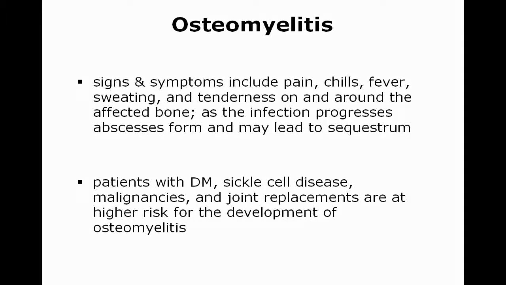Cultures can be taken. In cultures, a sample of tissue is removed from the body and looked at in the lab and under the microscope to identify bacteria being present there. MRIs and CAT scans are imaging techniques to allow the physician to actually see the progression of the disease and decide if there's actually sequestrum present there.